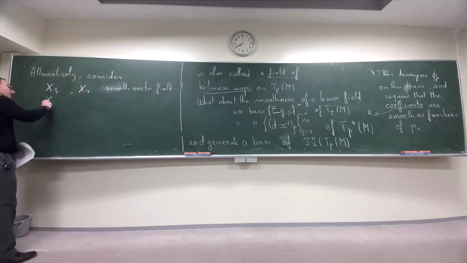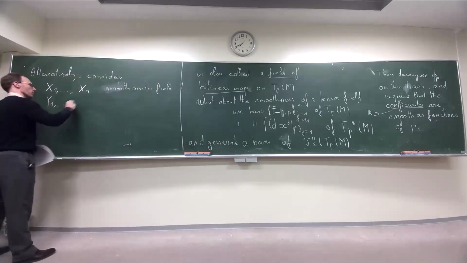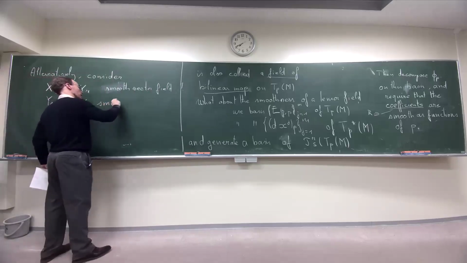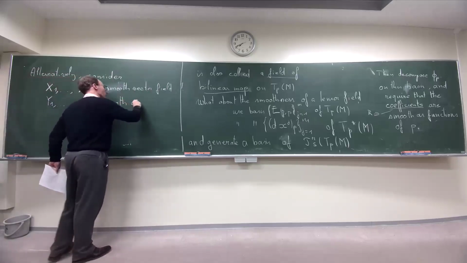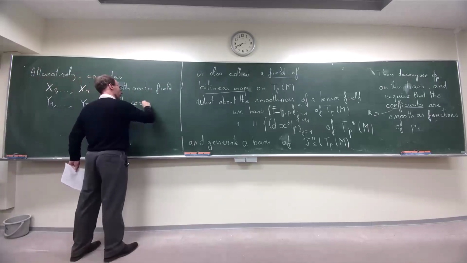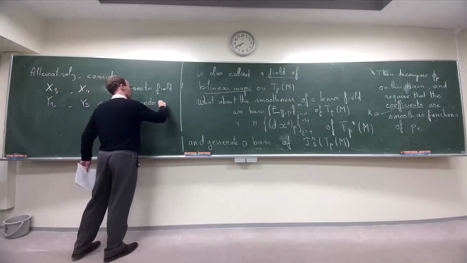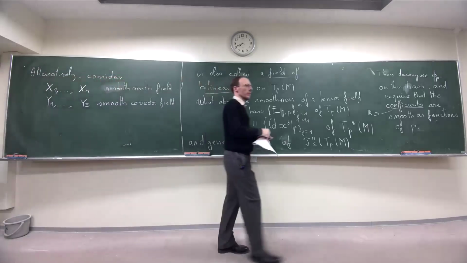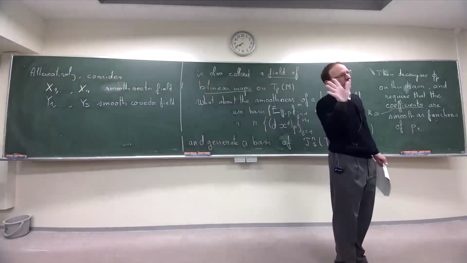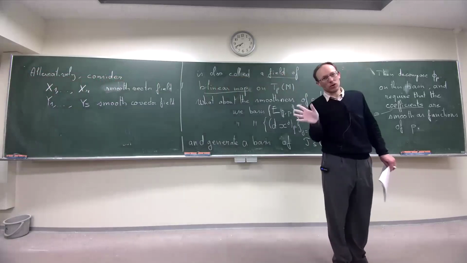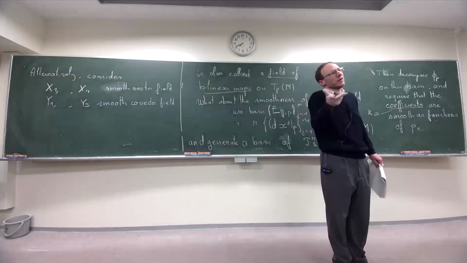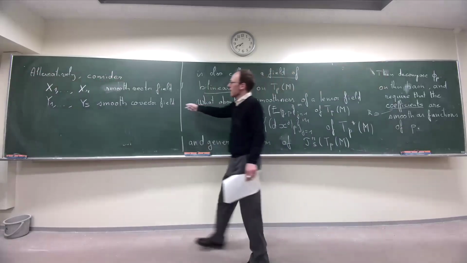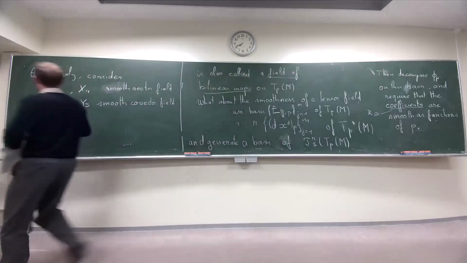And consider y_1 up to y_s smooth covector fields. I have introduced this just before. A vector field has values in the tangent space. A covector field has values in the dual space. But it's the same.